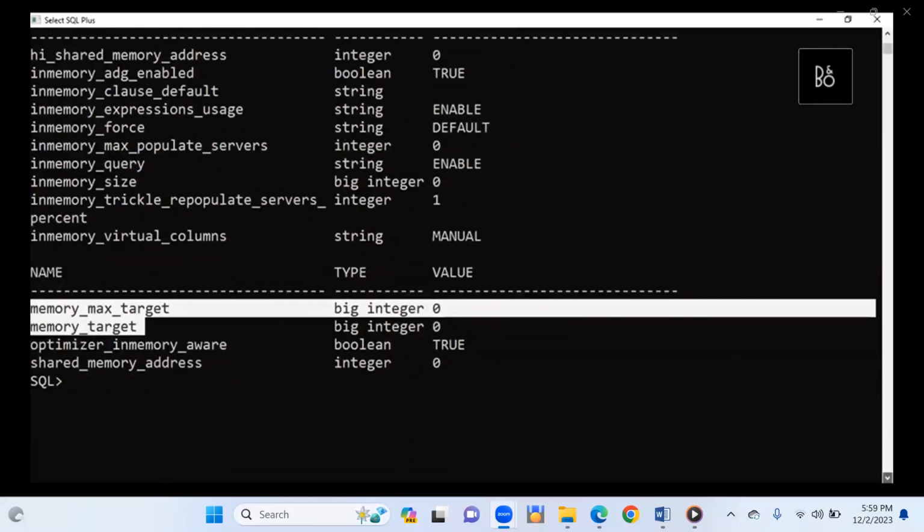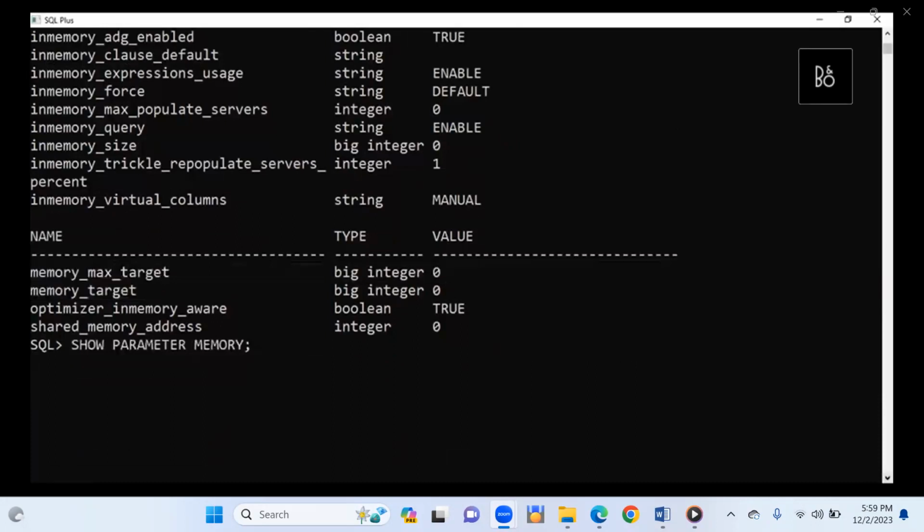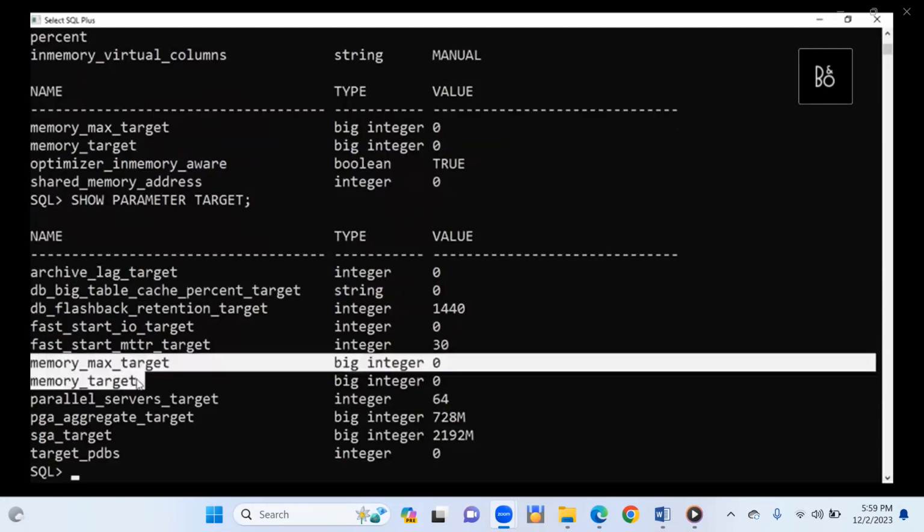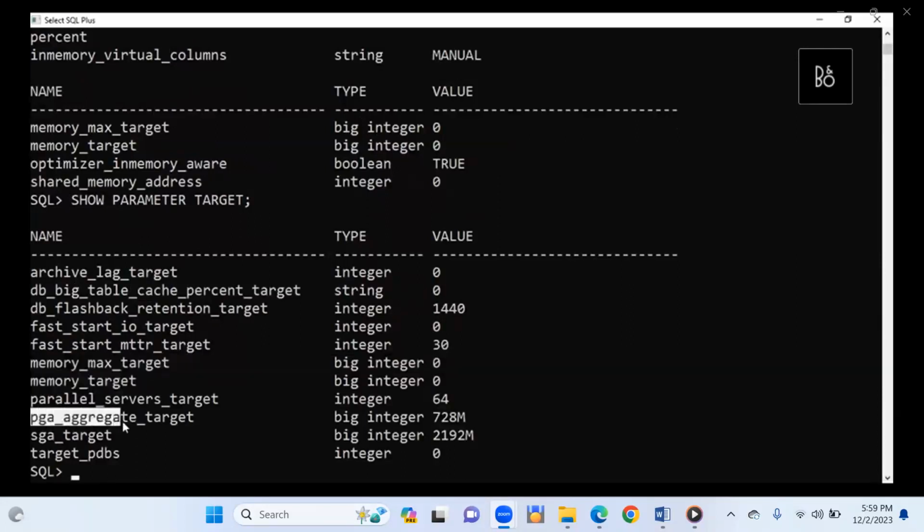Now, if you want to go to the other side, this is where you use the target. The target can give you everything on board: memory_max_target, memory_target, pga_aggregate_target, and also sga_target.